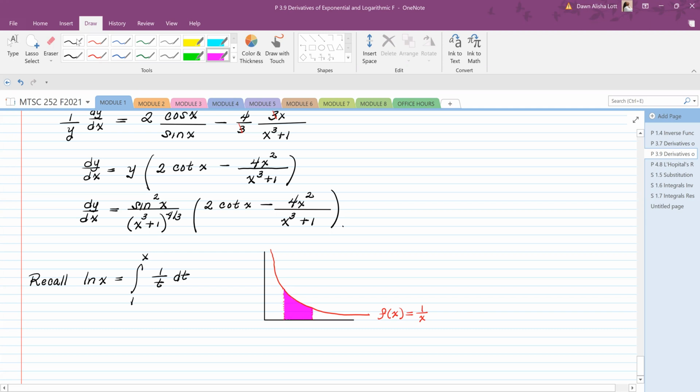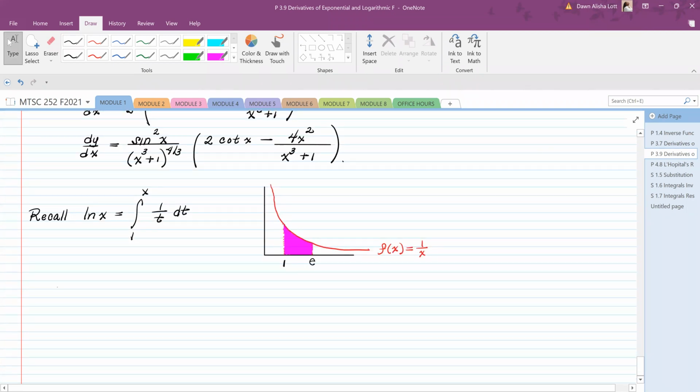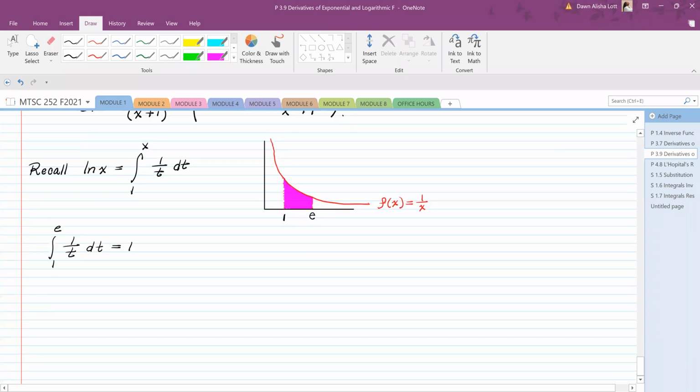Okay, so there's one number, and that number is e. So if I find the area from 1 to this number called e, that is the integral from 1 to this number e of 1 over t dt, that integral is 1. All right, so from 1 to e, the area under the curve is 1.